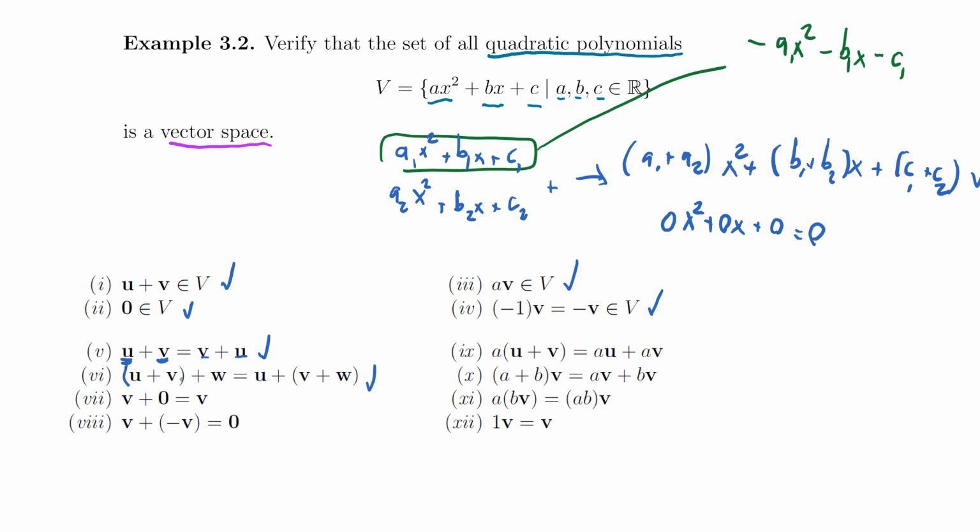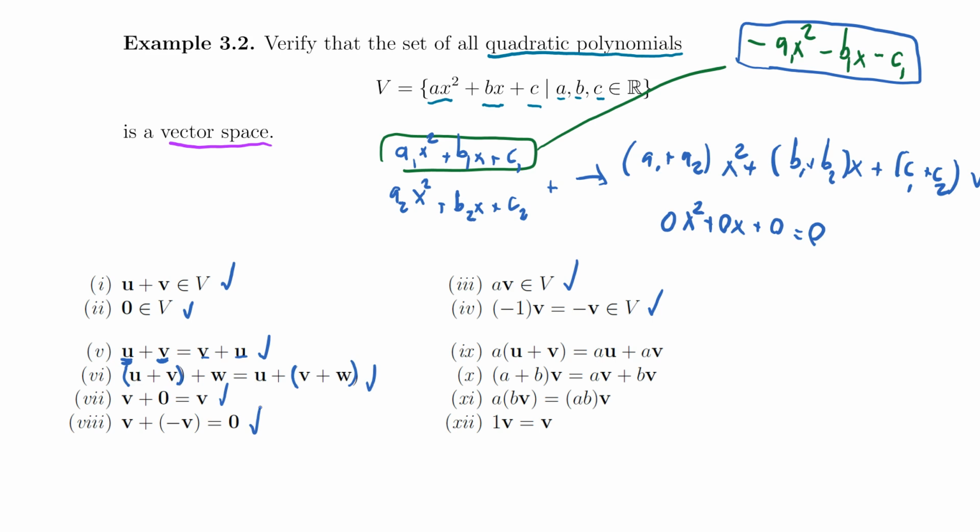If I add u and v first and then add w, that's the same as adding v and w first and then adding that to u. If I add the zero polynomial to any other polynomial, I get the same thing. If I add any polynomial to its negation, I'm going to get the zero vector. So I have this one.